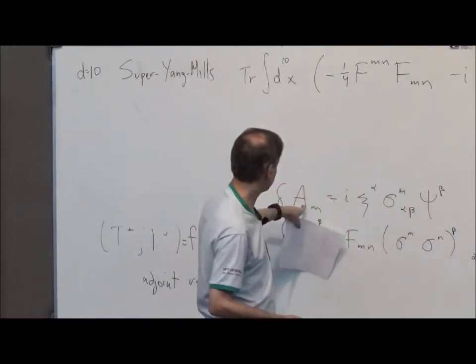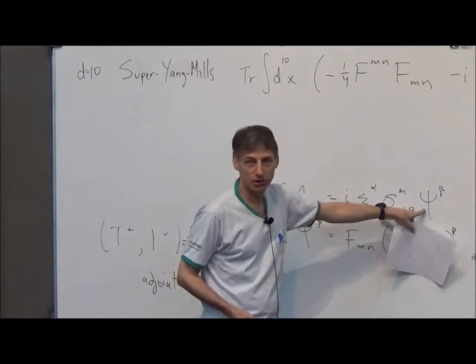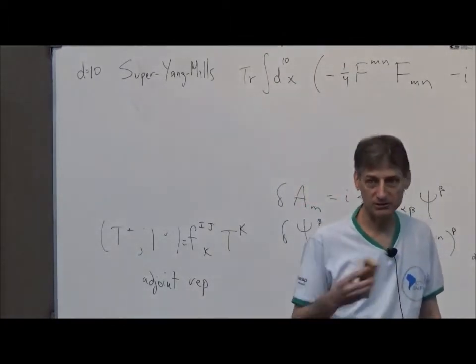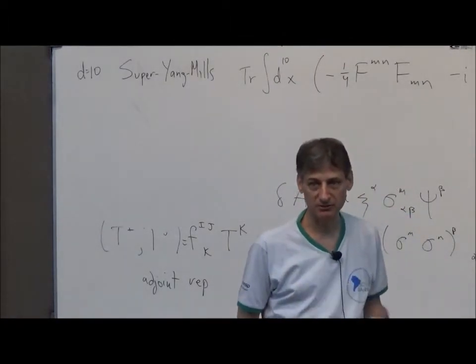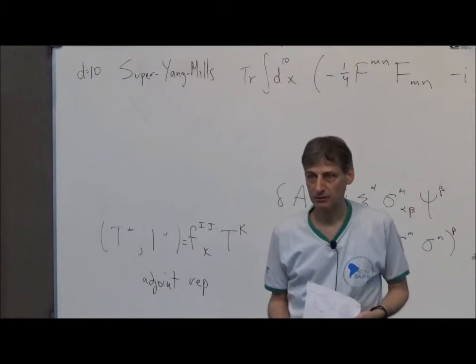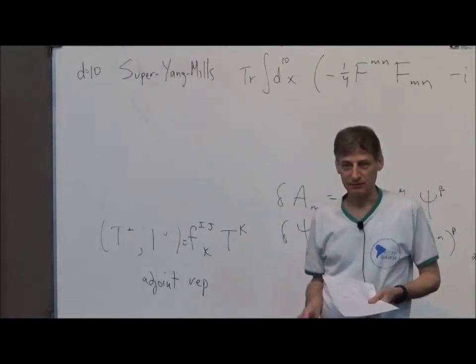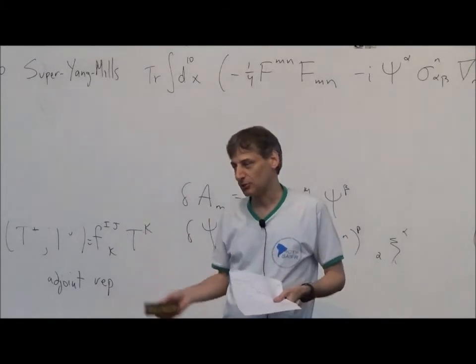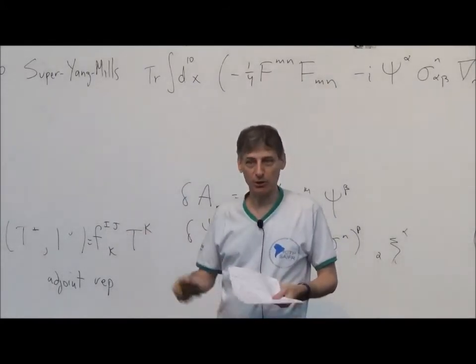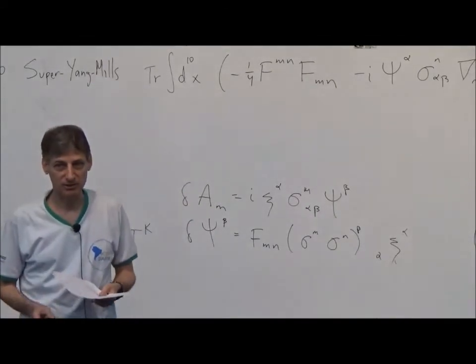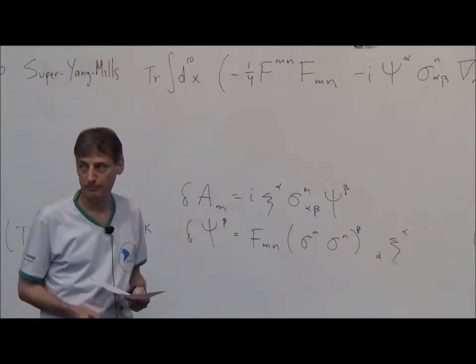So there'd be no way to write this transformation if this was not in the adjoint. So you're forced that the superpartner is always in the same representation as the original field. So it's not QED, for example, where the photon has no charge and the electron has charge. It's also not QCD, where the quark is in the fundamental and the gluon is in the adjoint. So this is a new kind of thing.